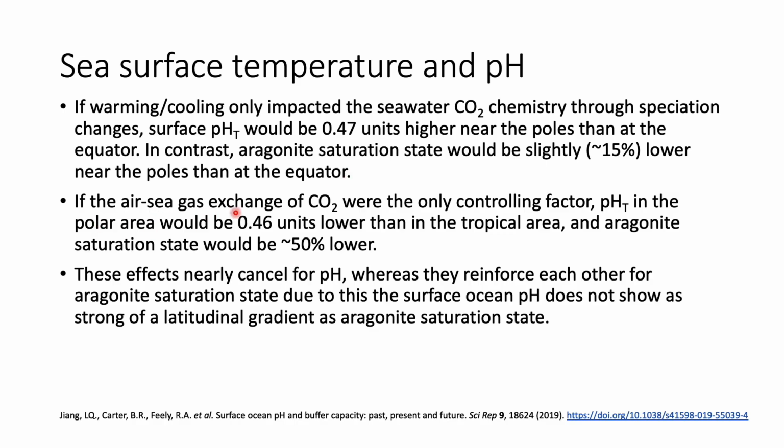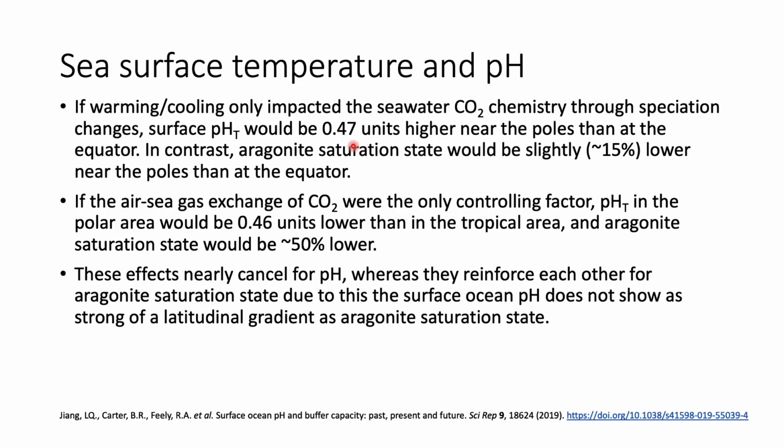If the air-sea gas exchange of CO2 were the only controlling factor, then the pH in the polar area would be 0.46 units lower than the tropical area, and the aragonite saturation state would be around 50% lower. So that means something increases and something decreases.